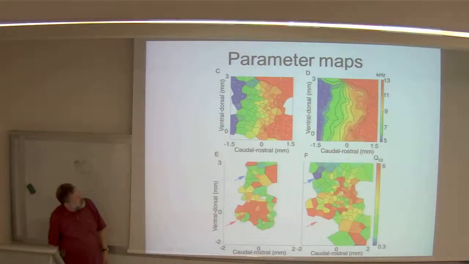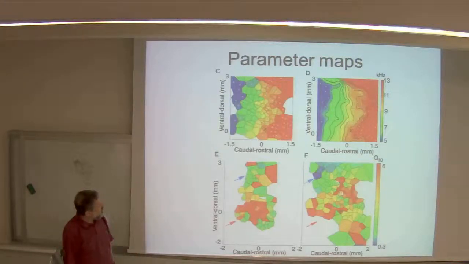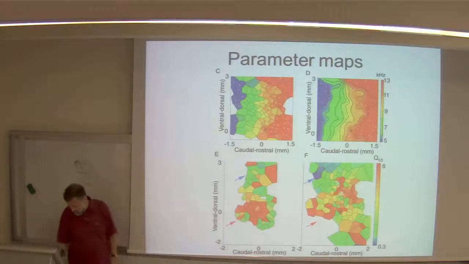And the polygon is colored by the best frequency at that recording location. Okay, this is called the Voronoi tessellation. Each line here is the transect of a line that goes between two recording points.